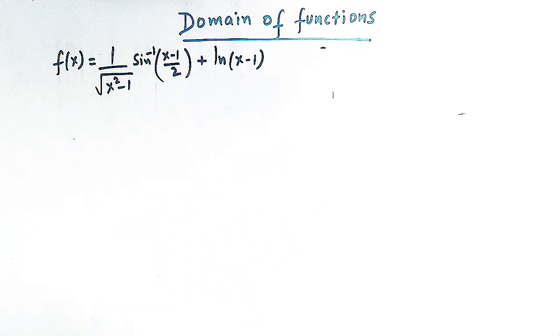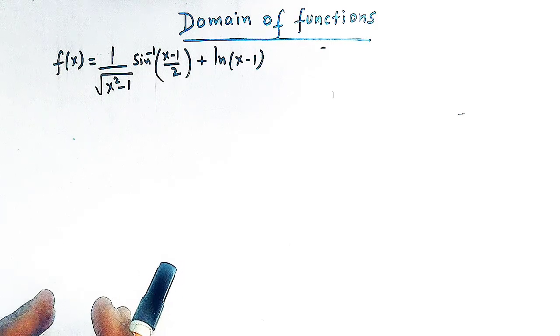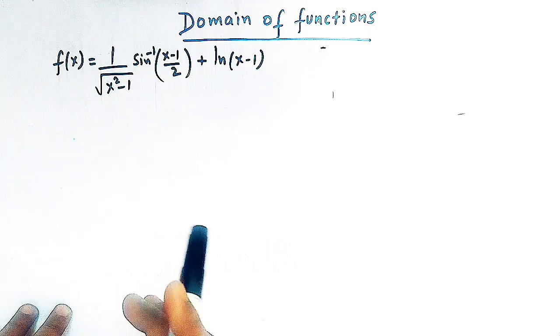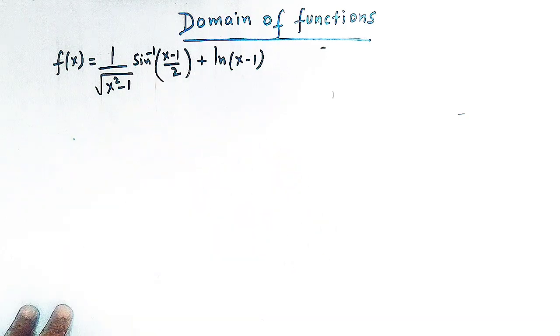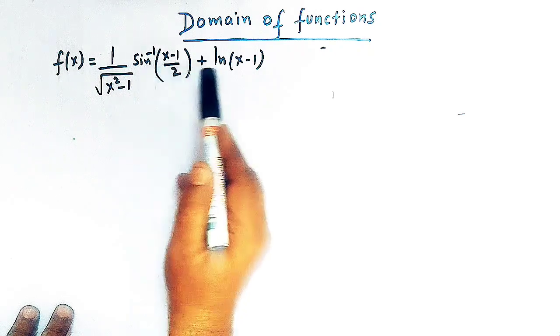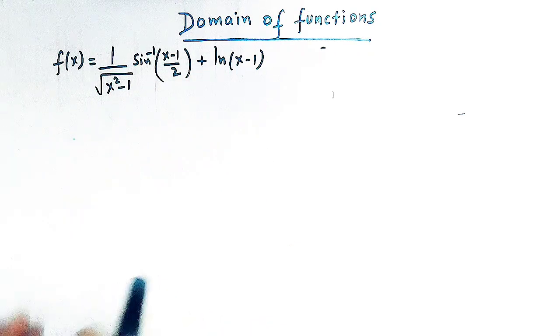And then by the concept of intersection of domains, we can easily identify the common domain or the common values of x which satisfy all these three functions simultaneously, right? So let us start.